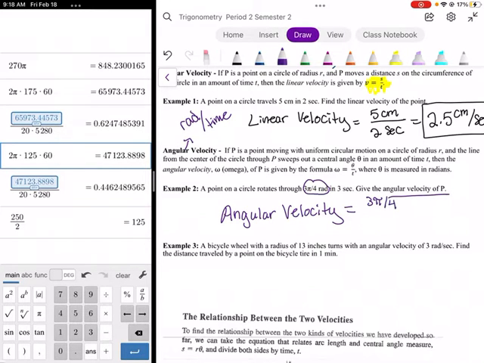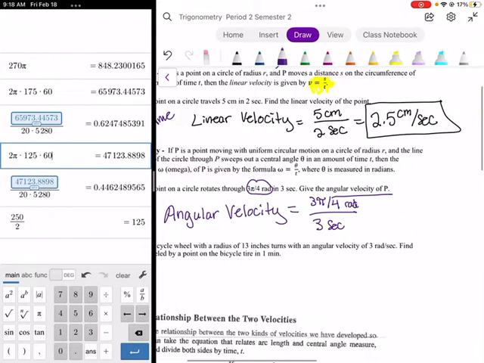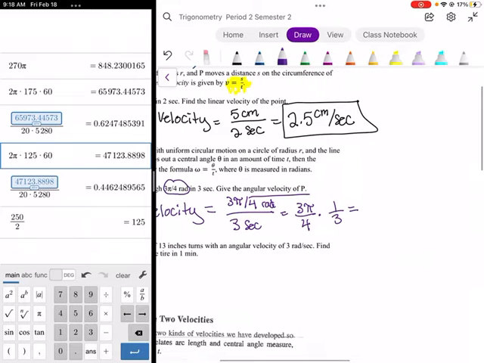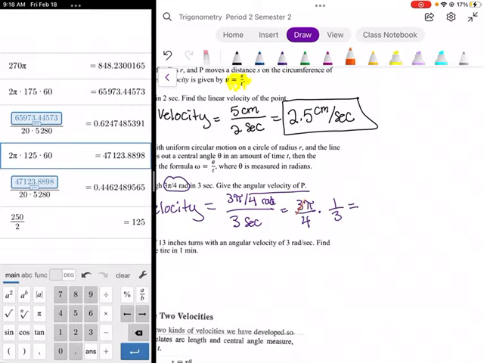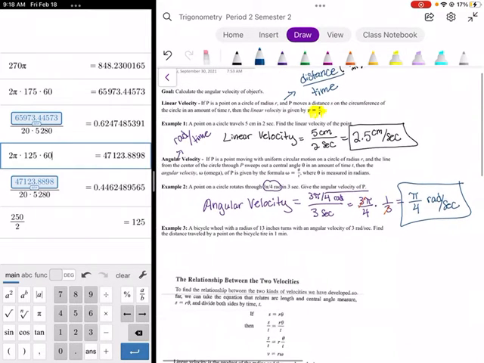So our radians is 3 pi over 4 all over our time of 3 seconds. And if we were to simplify this, it would be 3 pi over 4 times 1/3. And that will give us pi over 4. And this unit is going to be radians per second. And that is how we can find the angular velocity, is radians per second.